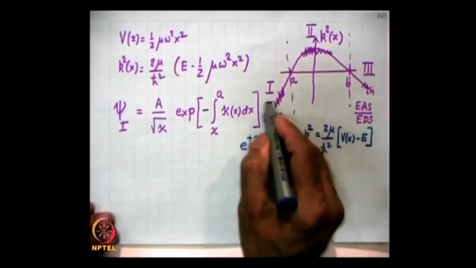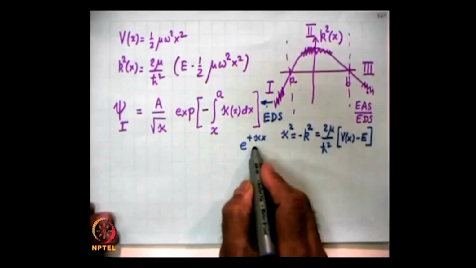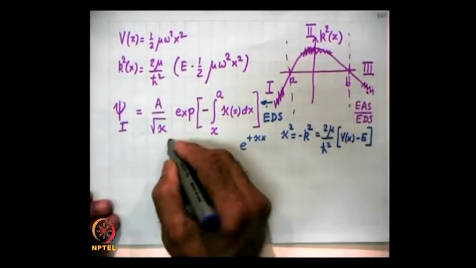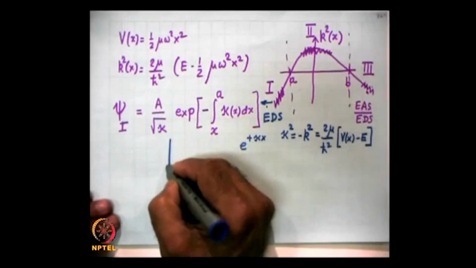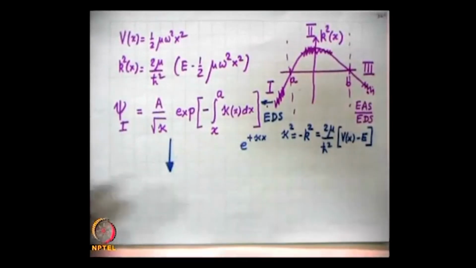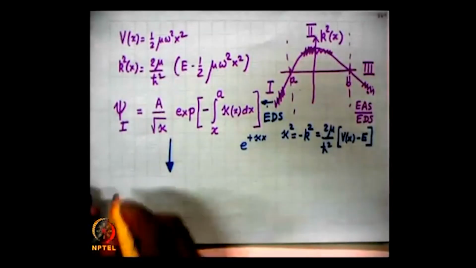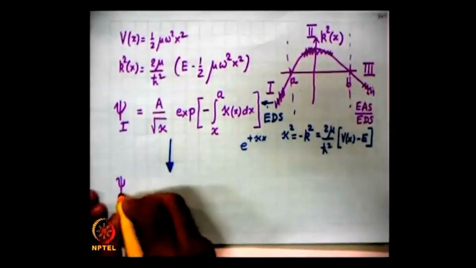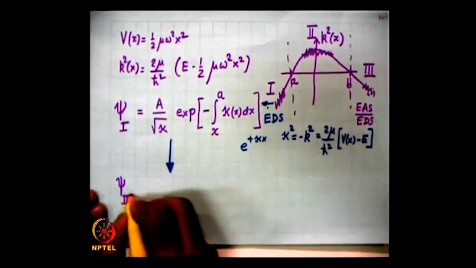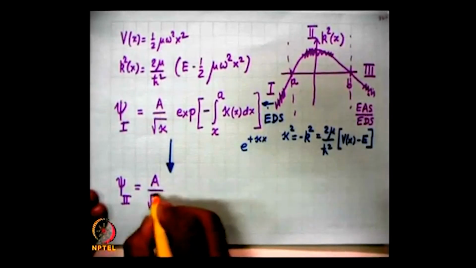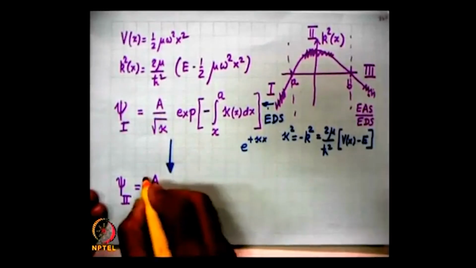As x goes to minus infinity, this is an exponentially decaying solution. Okay. So, we now use the connection formula that we had mentioned a minute back, and this then goes over to psi 2 equals a upon root k, times 2.